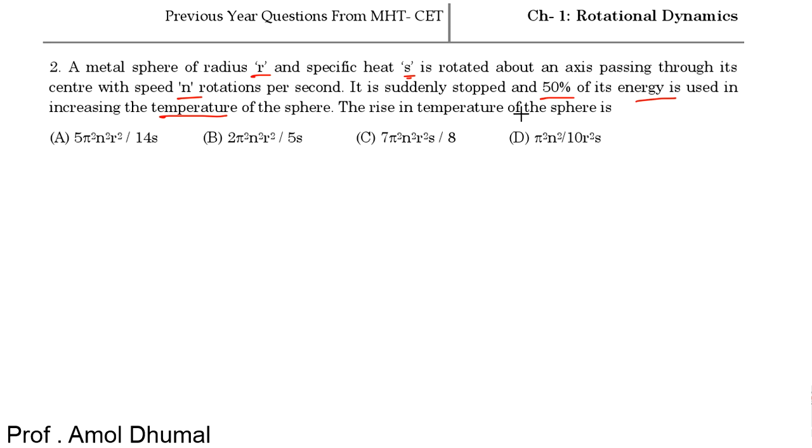The rise in temperature of the sphere is, so we have to find the rise in temperature delta T, right? So this problem is combined, so the increase in heat is equal to 50% of the rotational kinetic energy.